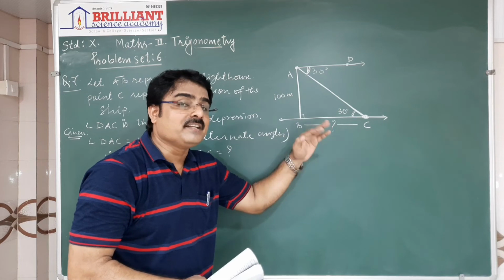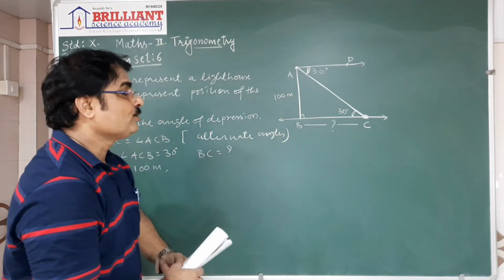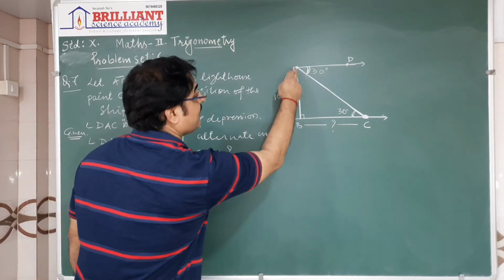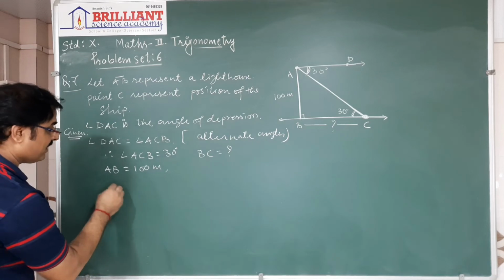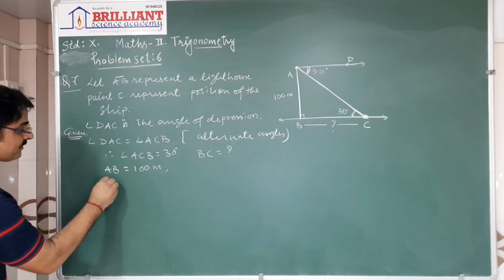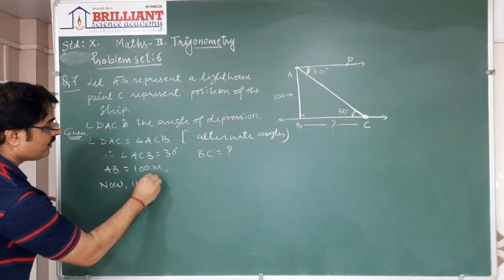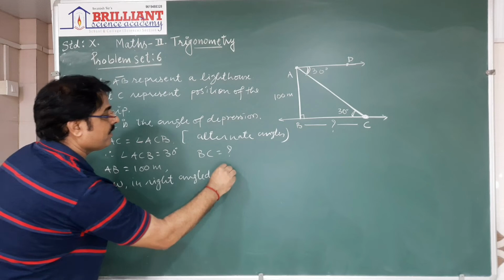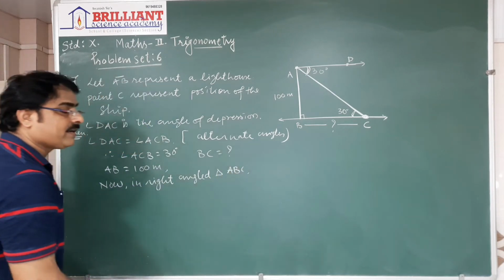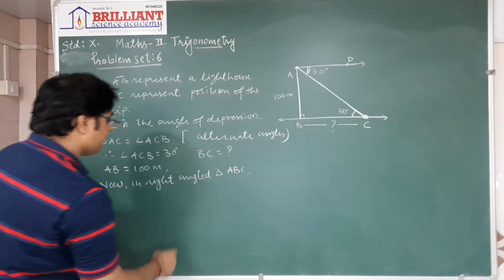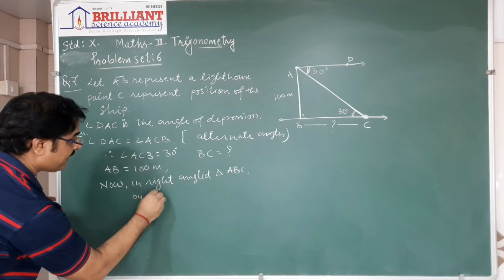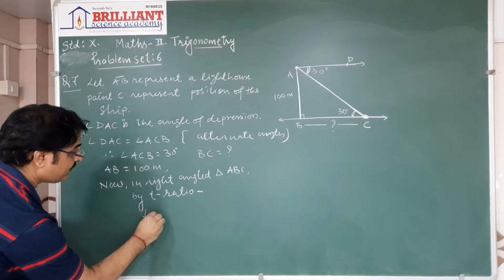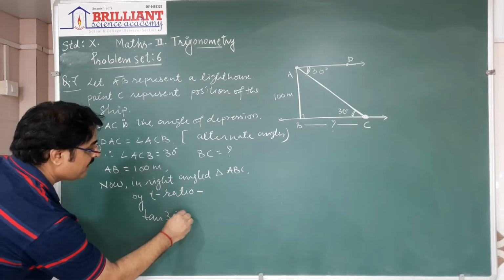अपोजिट एडजेसेंट रिप्रेजेंटेड बाय टेंजेंट रेशियो। So again we are going to the tangent ratio in the right angle triangle ABC. Now in right angled triangle ABC, by trigonometric ratio, tan 30 degrees.